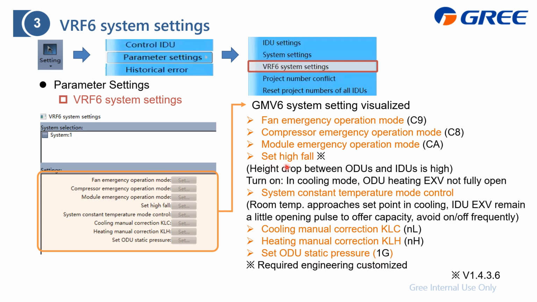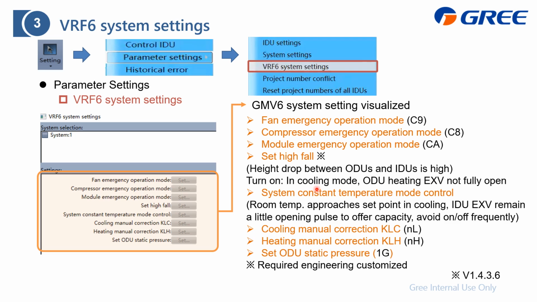As for set high fall, that means if the height drop between the outdoor units and the indoor units is large or very high, in cooling mode, when you turn off this function, the outdoor unit heating ESV will keep fully open. And when you turn on this function, the heating ESV in the outdoor unit is not fully open but closed.